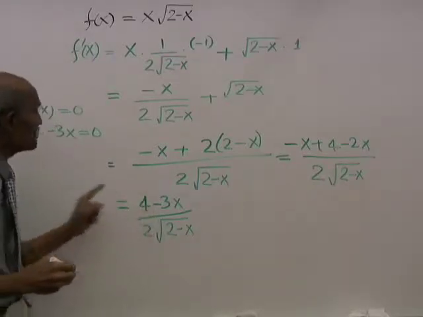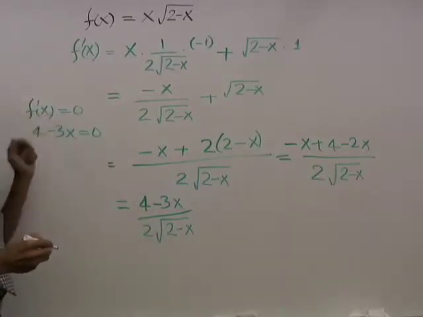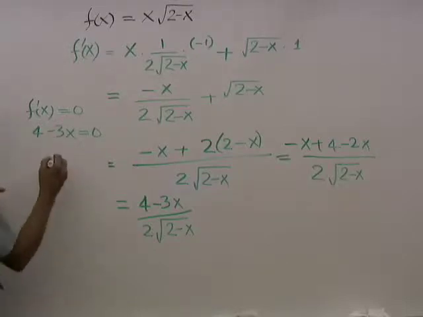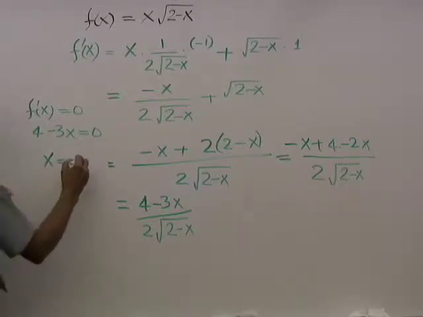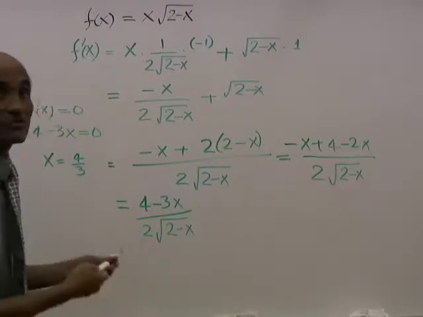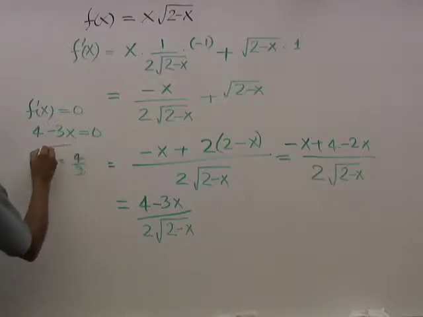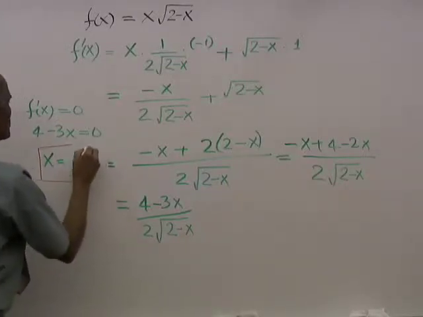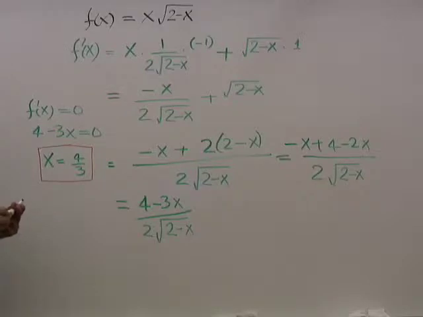Set the numerator equal to 0. That's when the derivative becomes 0. 4 minus 3x equal to 0 will give you x equal to 4 over 3. And this is one critical number.